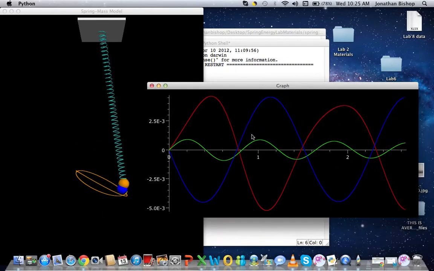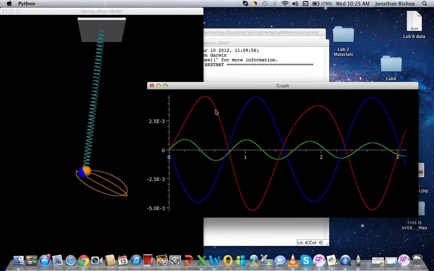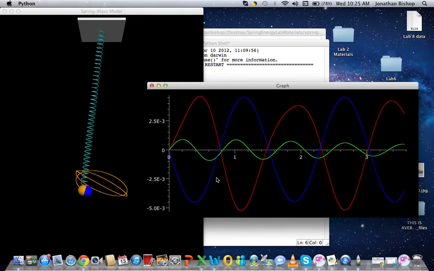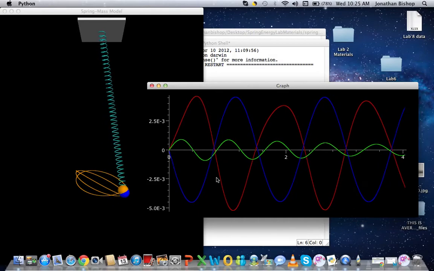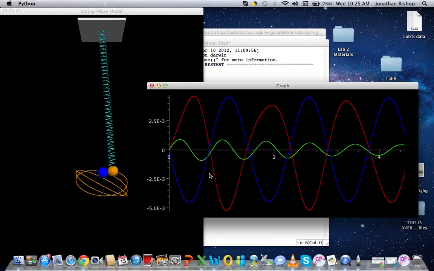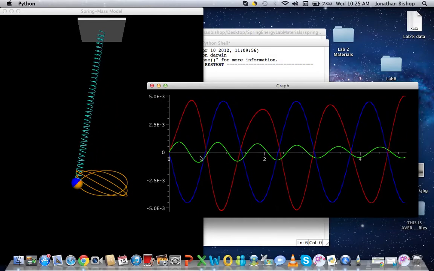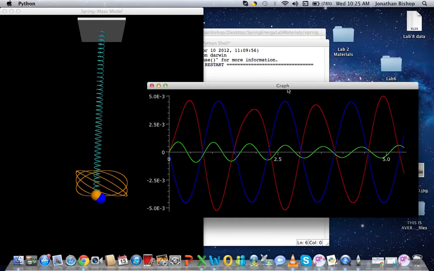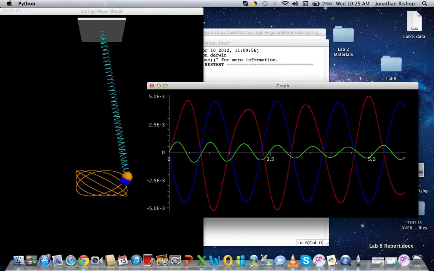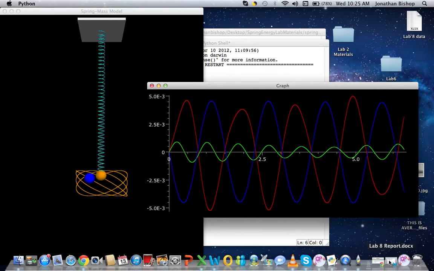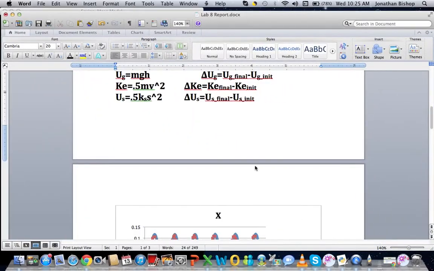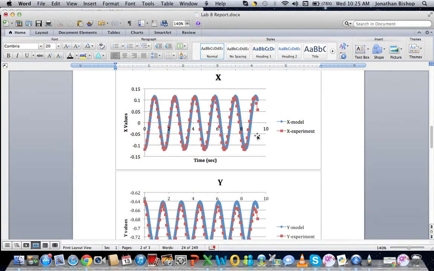And here are the energies. The blue and the red are the change in potential and kinetic energies, and the green is the change in the spring potential energy. And from these, I was able to plot the X components of the model and the experiment, and they seem very accurate.